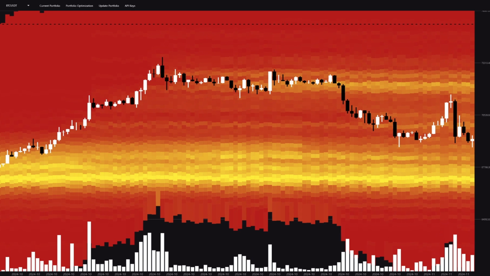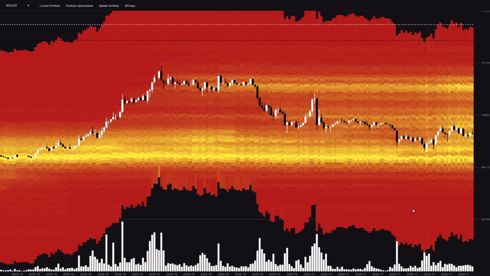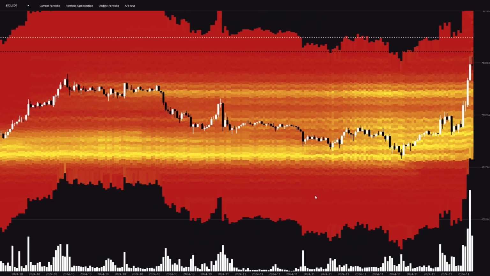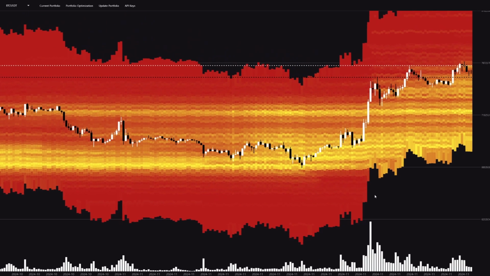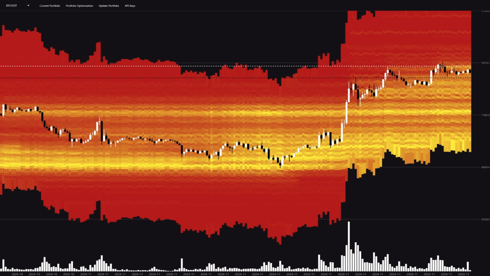Then, new yellow areas begin to form, which become new high resistance price levels. And it seems that's how Overmind solves the mystery of how the price likes to dance.